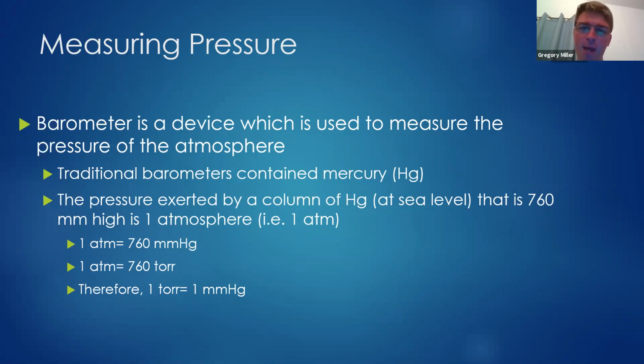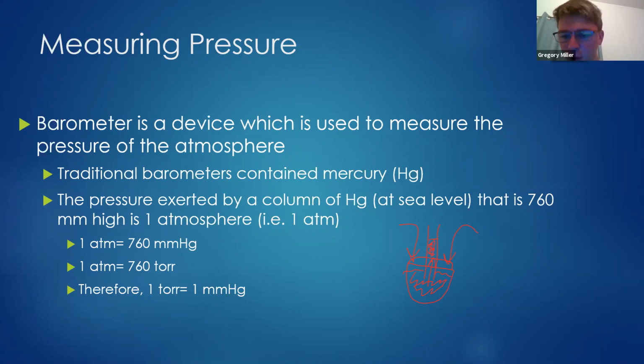Where this comes from is the first barometers basically were a bowl with some mercury in it. And as atmospheric pressure pushed down, the mercury would move up into the tube.